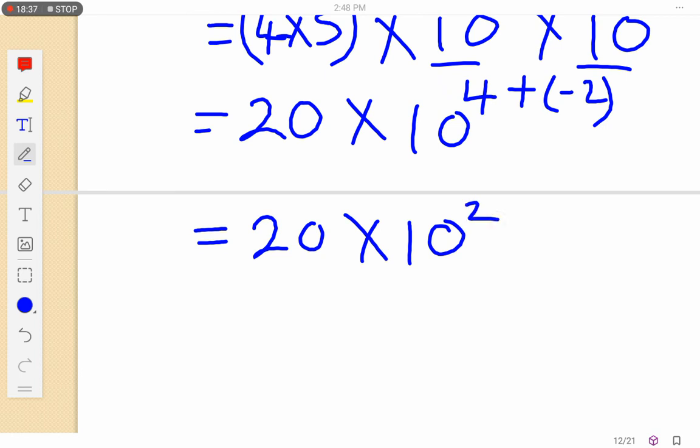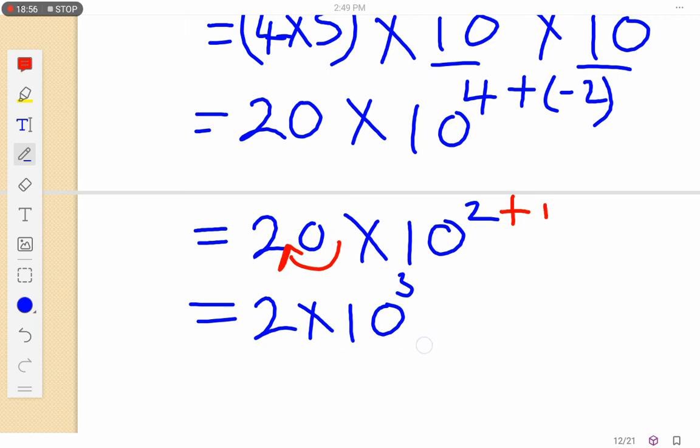Now, this is not the final form. In standard form, our number should be less than 10. So I'll add plus 1 to have my comma there. At the end of the day, the final answer is 2 times 10 to the power of 3. Okay, this is the final answer.